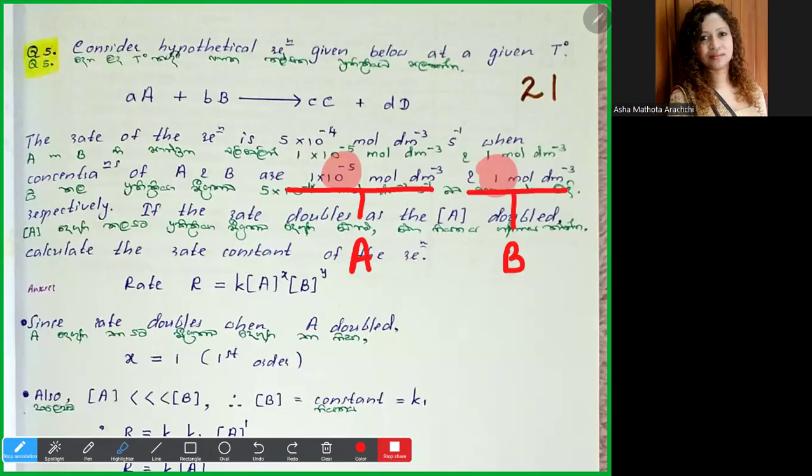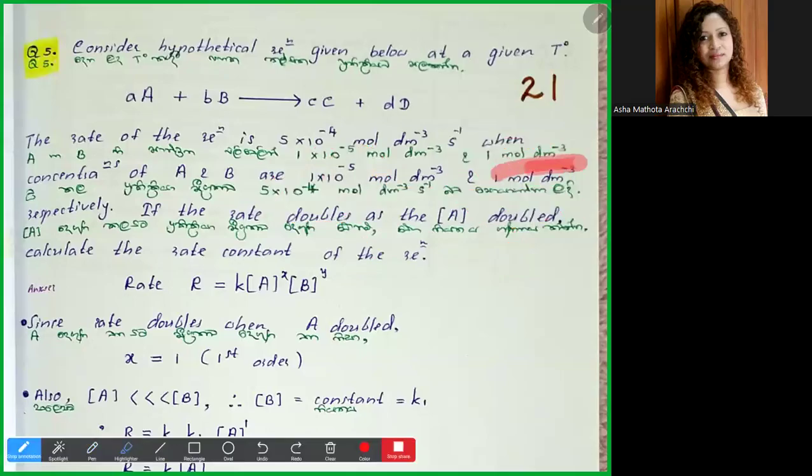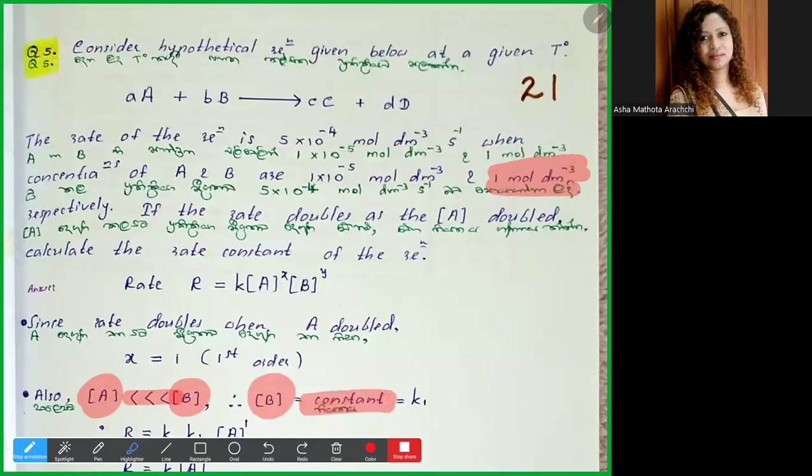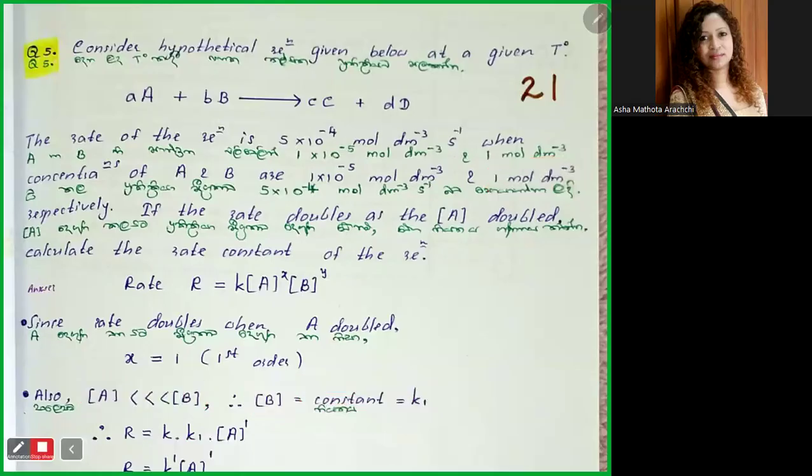So B's concentration changes very negligibly compared to this concentration, because the initial concentration is really high. So if you compare the A and B concentrations, the B concentration is much greater than A, so we can assume B's concentration is a constant, which I'm going to call K prime.